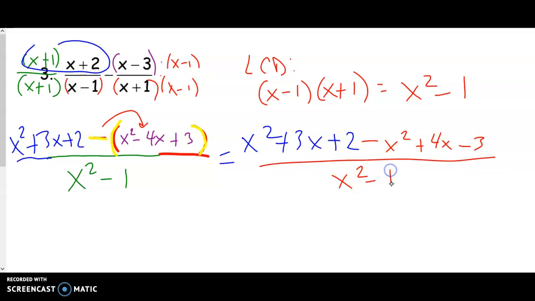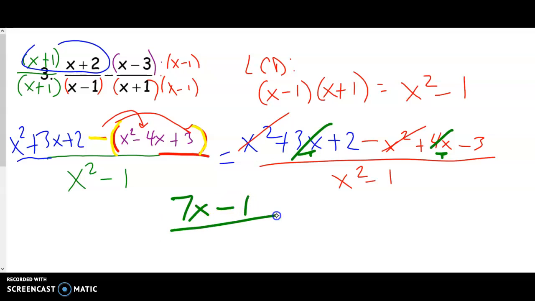Denominator is still there. So let's go ahead and combine like terms. X squared minus x squared. So that's there. 3x plus 4x, 7x. Took care of that. 2 minus 3, so minus 1.